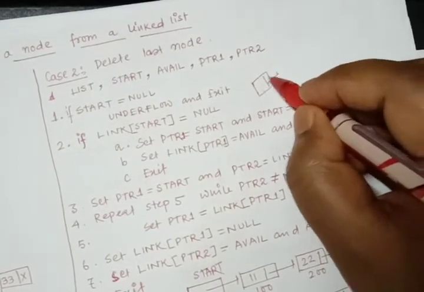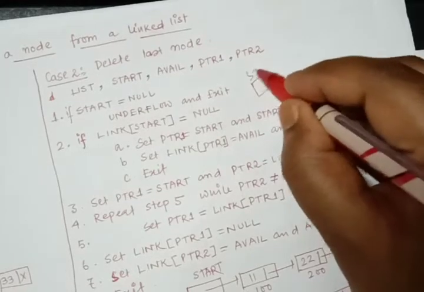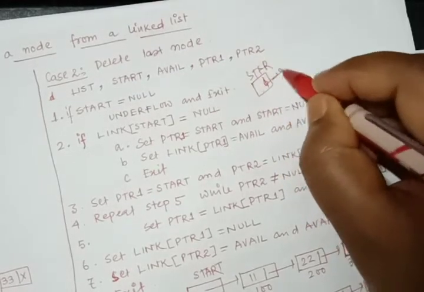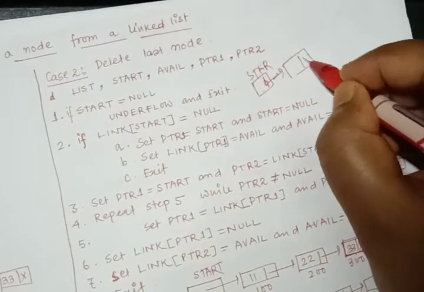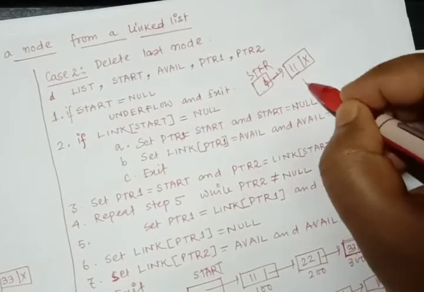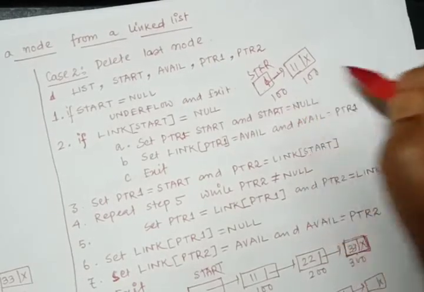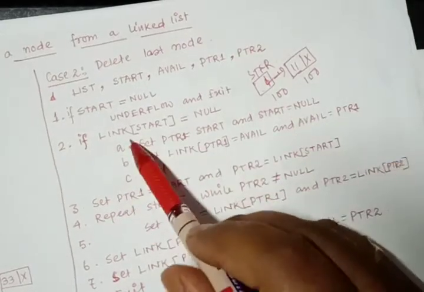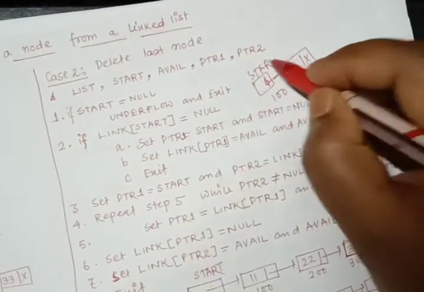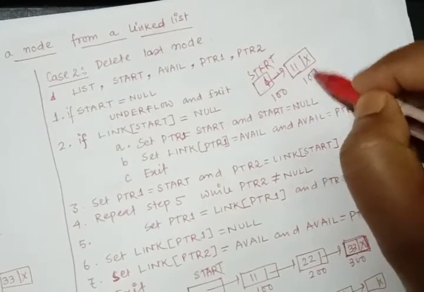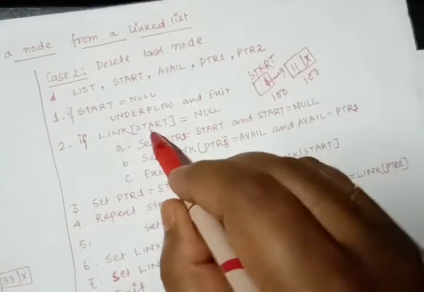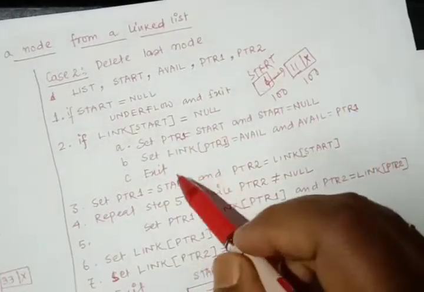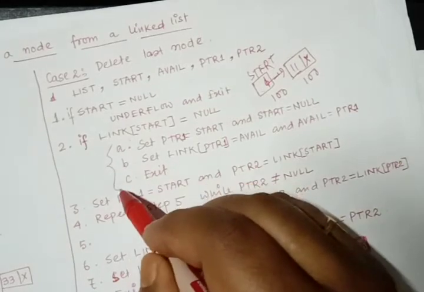Suppose this is the starting address of the node, and the linked list contains only one node. Here you see that the value of start is 100 and the link of 100 is null. So if link of start equal to null, these three steps will execute.